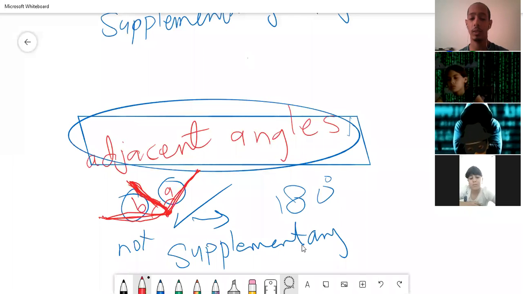Adjacent means next to each other. For example, A and B here are next to each other, so they are adjacent angles. Adjacent angles are the angles that share the same side and have one point in common.